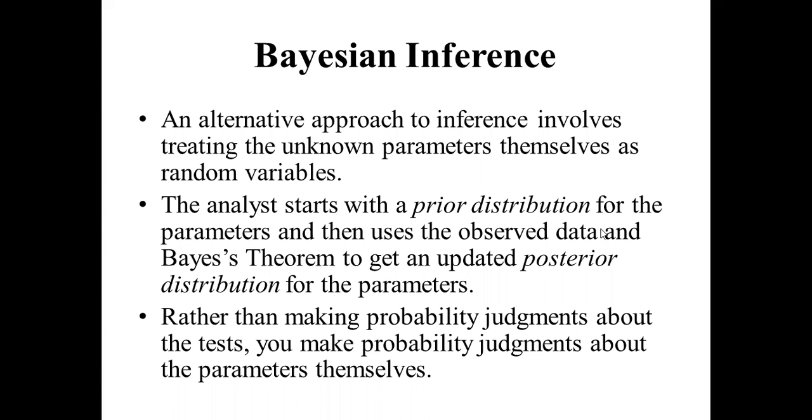So the analyst starts with a prior distribution for the parameters and then uses the observed data and Bayes theorem. So for Bayes theorem, whatever prior distribution is there, we observe the data and then we apply the Bayes theorem.